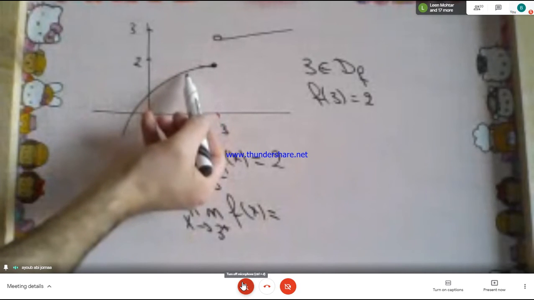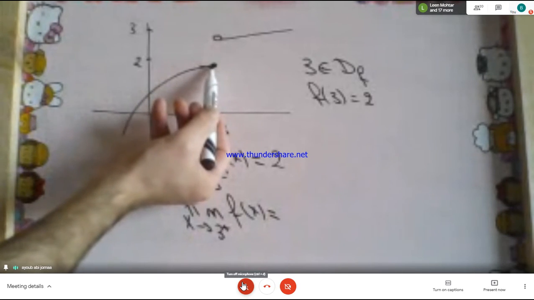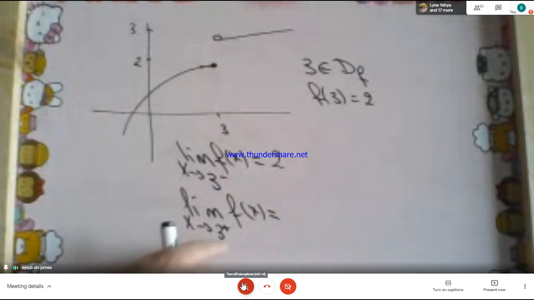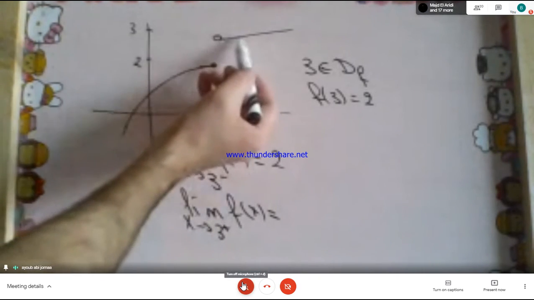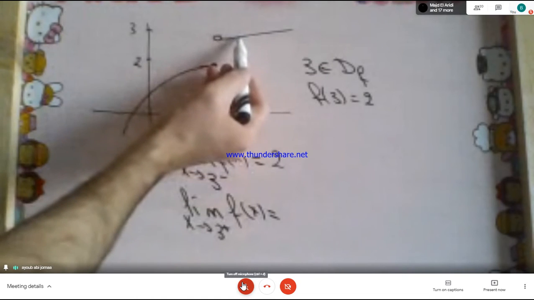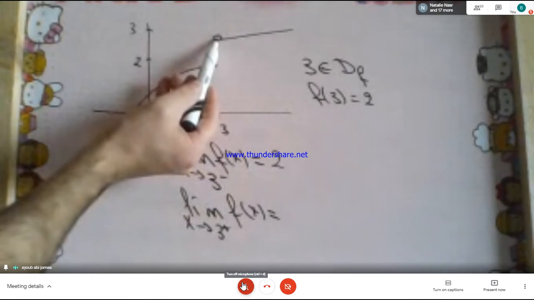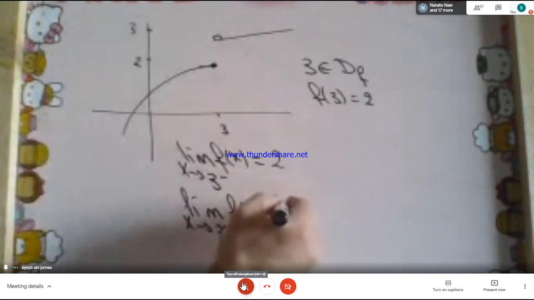This graph is very close to this point. The y value is 2, so the limit as x approaches 3 minus is 2. What about the limit as x approaches 3 plus? The right side of 3: when x becomes close to 3, the graph becomes close to this point, and the y value is 3.